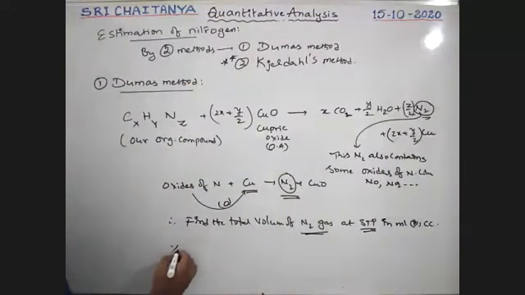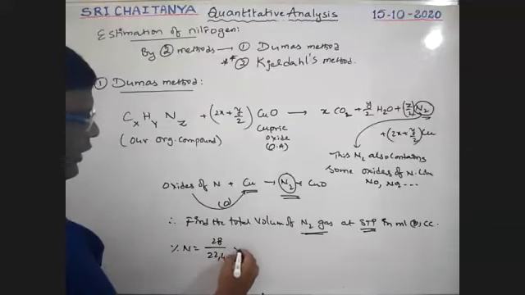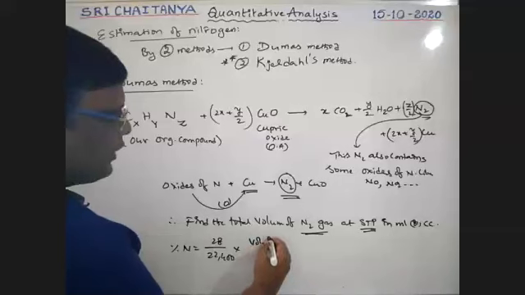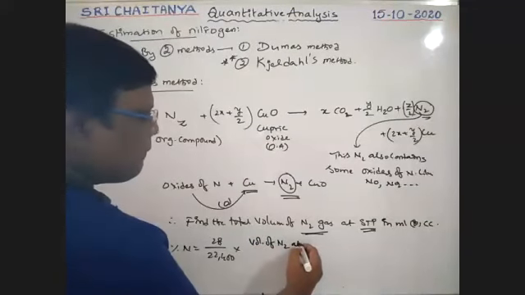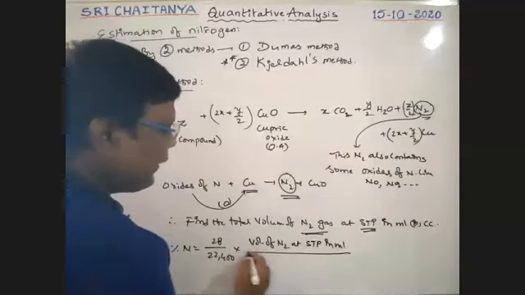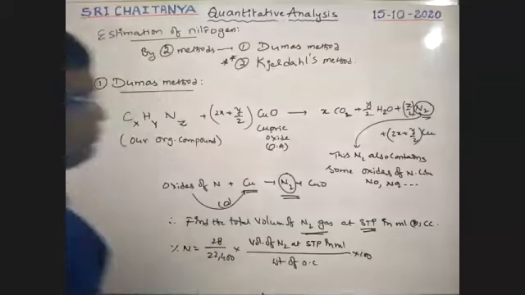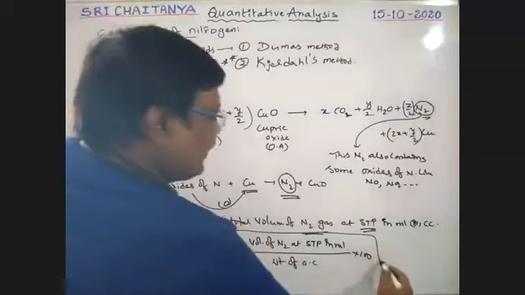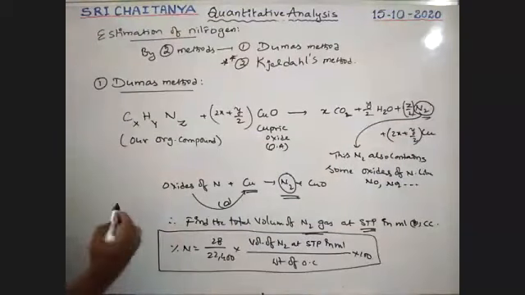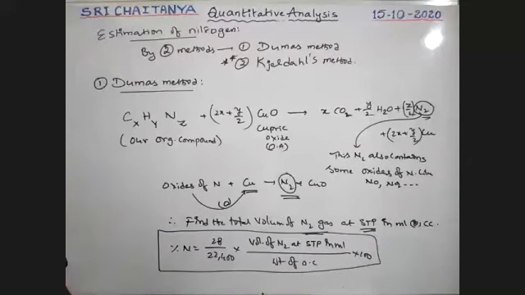That is, percentage of nitrogen is equal to 28 by 22,400 into volume of N2 at STP in ml by weight of organic compound into 100. By using this formula, we can calculate percentage of nitrogen.